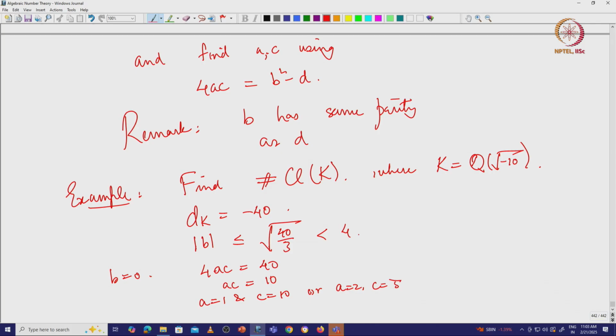So, there are two reduced binary quadratic forms here, x squared plus 10y squared and 2x squared plus 5y squared.